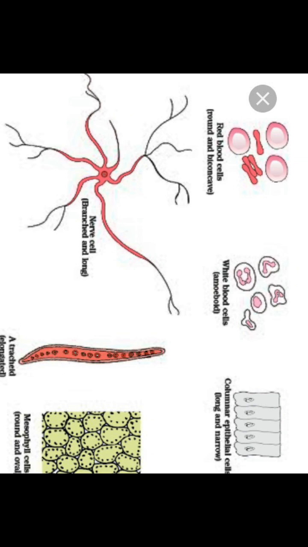Next, the largest isolated single cell is the egg of the ostrich. So the ostrich egg is considered the largest isolated single cell on land. Next, among multicellular organisms like humans, red blood cells are absent in some organisms.